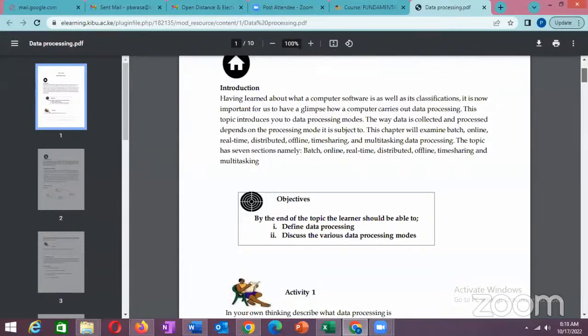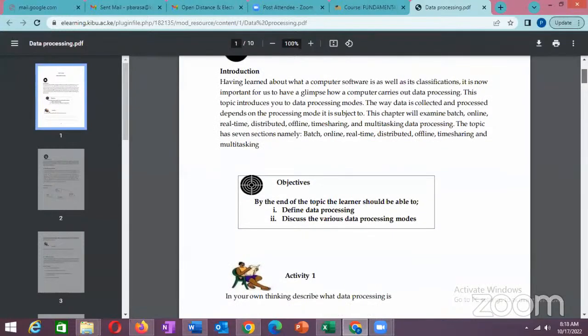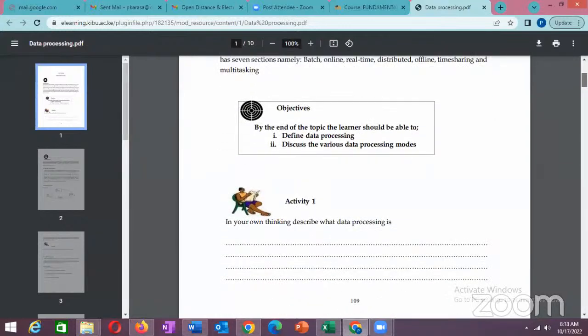The way data is collected and processed depends on the processing mode. The chapter will examine online, real-time, distributed, offline, time sharing, and multitasking data processing. The topic has 7 sections, namely batch, online, real-time, distributed, offline, time sharing, and multitasking.